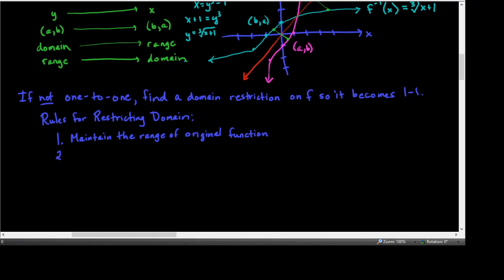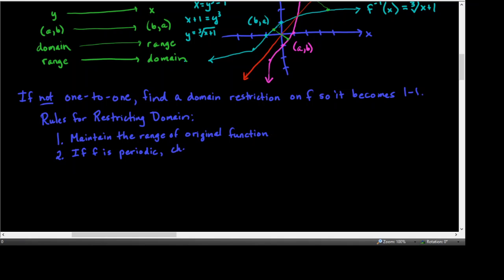Number 2, if the function is periodic, which this will impact us a lot in this unit because, of course, all of our trig functions are periodic. So number 2 is really important. With some of the algebraic ones, it wasn't an issue. So you may have never heard about this.